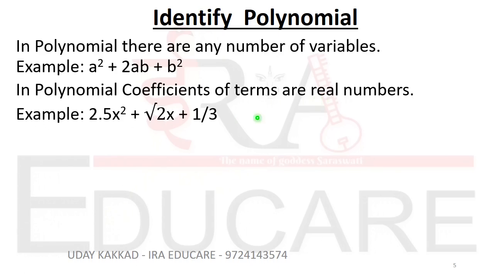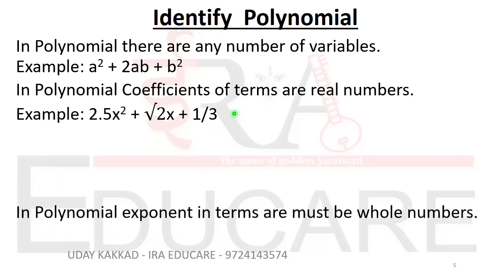Let's take an example: 2.5x cube plus root 2 x square plus 1 by 3. These are a combination of all kinds of numbers, and these are all real numbers. That's why the coefficient has no bound. So the variables have no bound, and the coefficients have no bound.